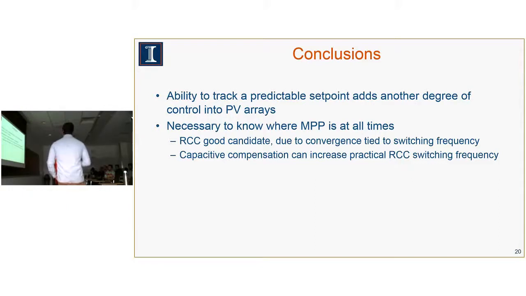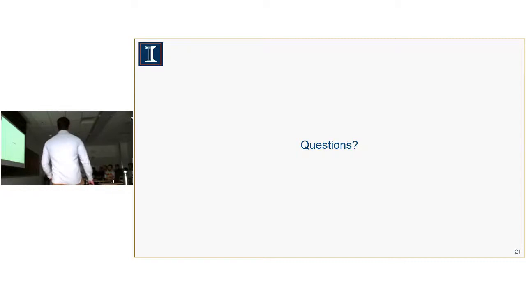RCC is a good candidate for that because it has convergence tied to its switching frequency, and we showed that capacitive compensation can increase practical RCC switching frequency. And with that, I'll take any questions.